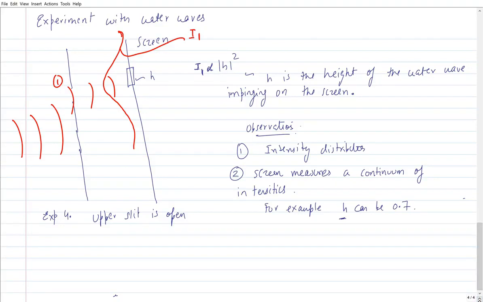So what do I do? I repeat the experiment again with the bottom slit open. I had a screen. Again, I had a source of water waves. Let me call it experiment 5 in our lab. The bottom slit, or what I was calling slit 2.